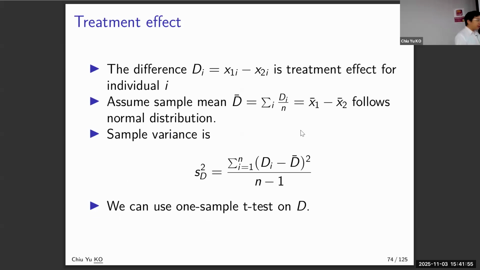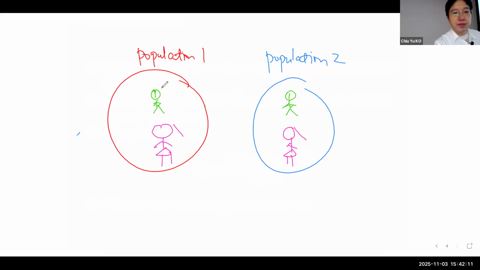So we define the treatment effect as the difference between before and after. Just look at this: this will be X11 and this X21, and this is X12 and this is X22.